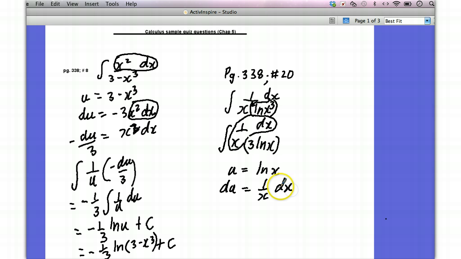Isn't that neat? So 1 over x dx, which is a term I need to substitute for in terms of u, is simply du. So here's my complete substitution. I'm going to put it over here.